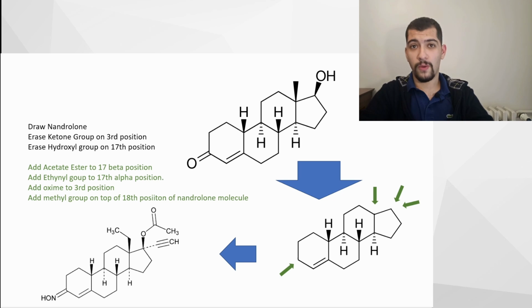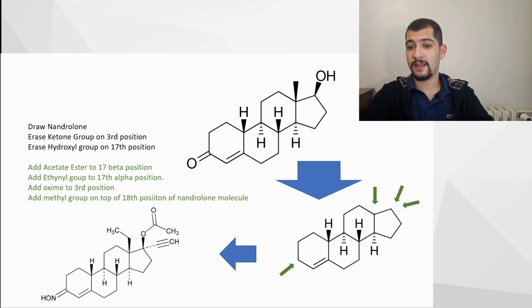Okay, I suppose you know the nandrolone molecule, aka 19-nortestosterone. We draw that and make modifications on that molecule. After drawing the nandrolone, you erase the ketone group on the 3rd position and you erase the hydroxyl group on the 17th position.